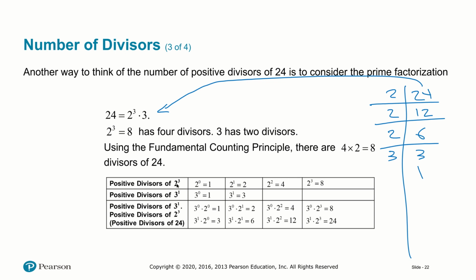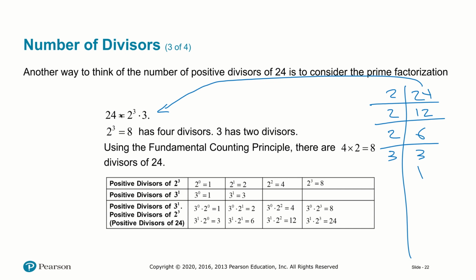Notice that for each factor to a given power, there's one more factor than the exponent. So 2 cubed is going to have 4 factors, because the 2 to the 0 always has to be counted as well. For 3 to the 1, we know that there are 2 factors, and that's one more than the exponent, right?